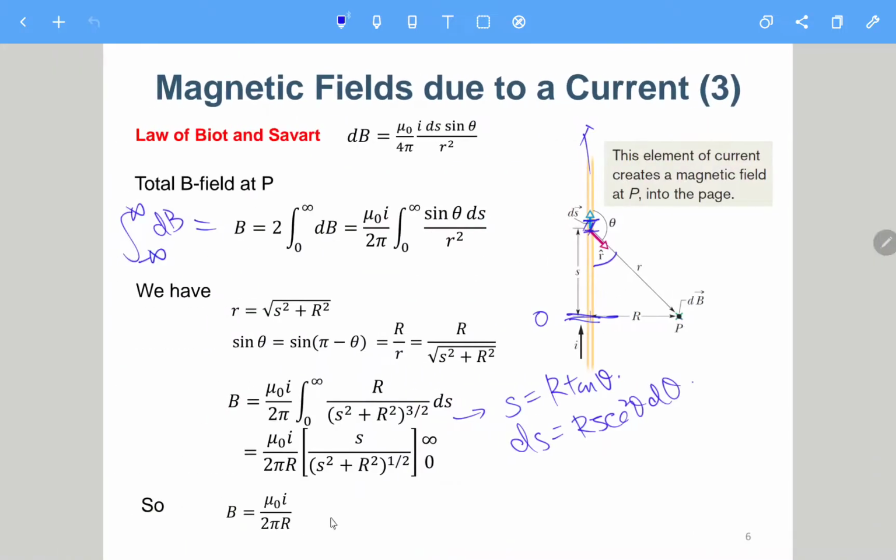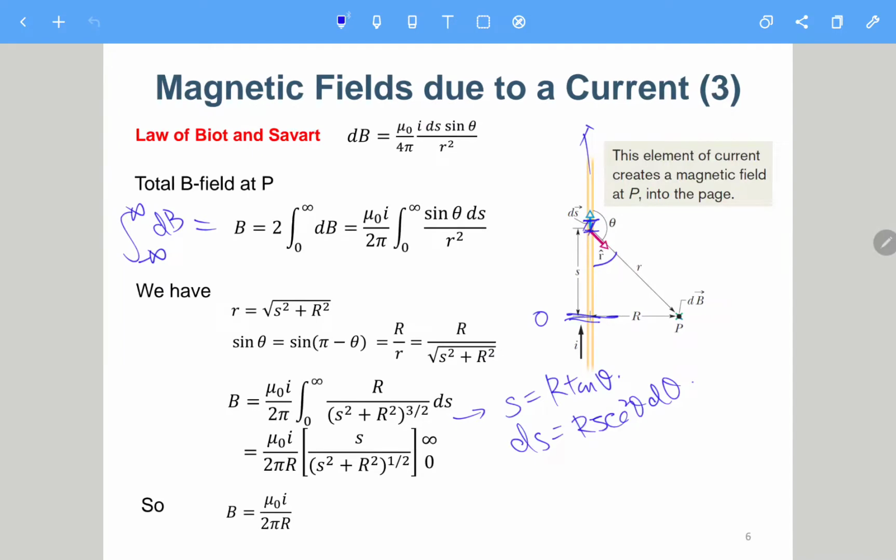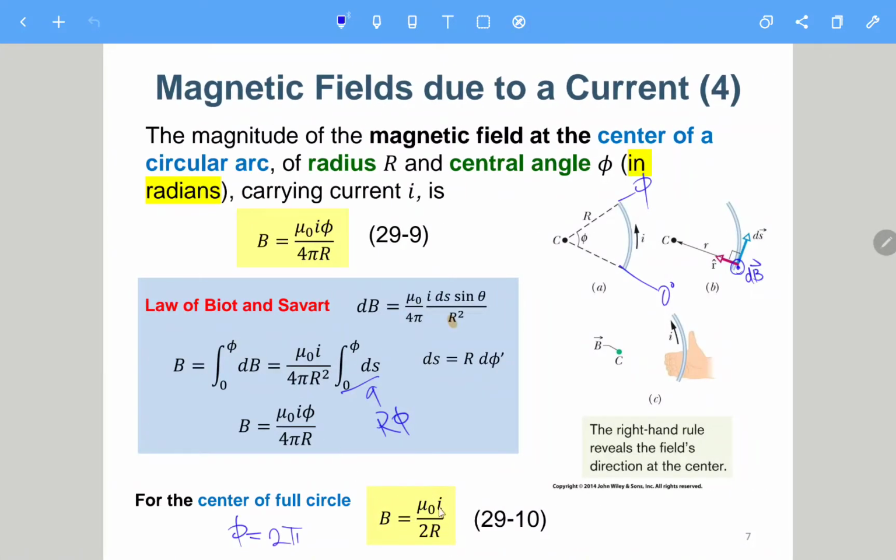But for this one, we have mu 0 I over 2 pi r for a long straight wire, infinitely long wire. And for this one, we have mu 0 I over 2r, only 2r, for a full circle of current wire. Okay, so far any questions?